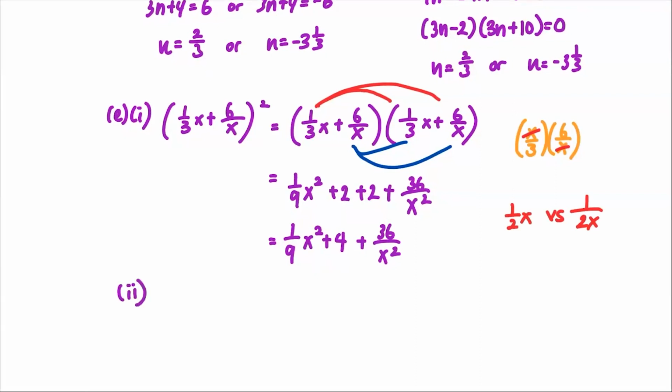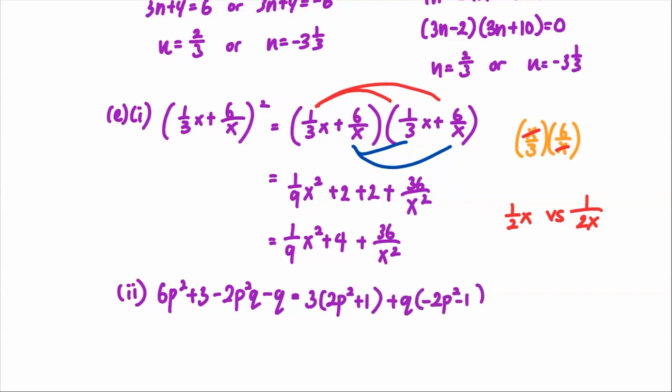Okay, part 2. The solution is this: 6p squared plus 3 minus (2p squared plus 1) cubed minus q. We can factorize: (2p squared plus 1) plus q(negative 2p squared minus 1).